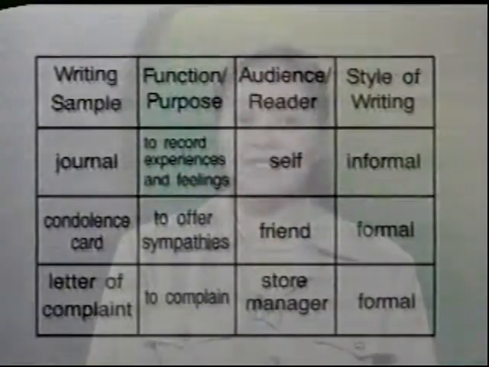A journal is like a diary where one records his or her experiences and feelings. Since the writer addresses himself or herself, an informal style of writing is used in a journal. Entries may be written even in incomplete sentences, with contractions and deletions.